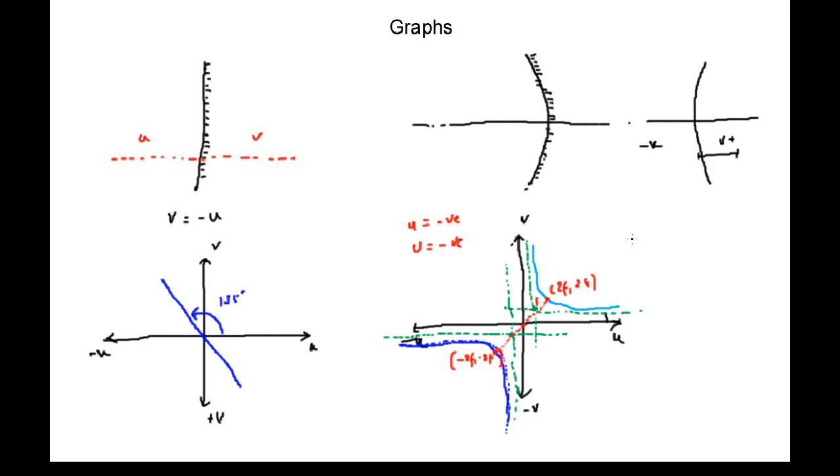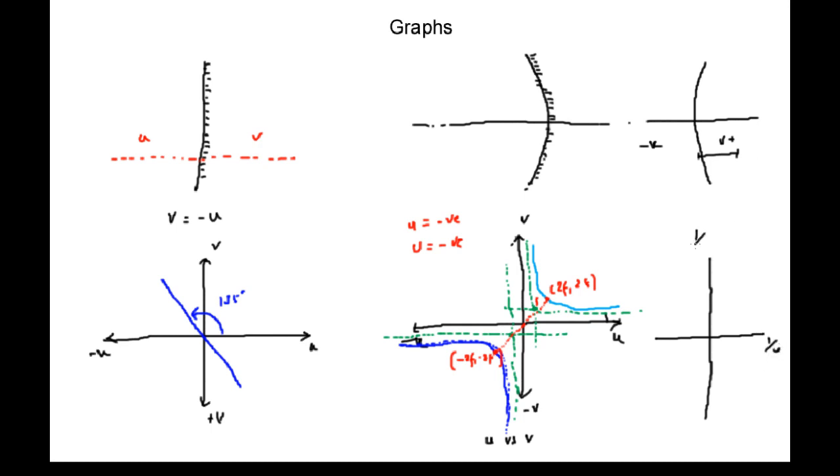Now let us see the 1 by u versus 1 by v graph. To draw 1 by u versus 1 by v, I again draw the graph here. It is very simple. This is 1 by u and this is 1 by v.